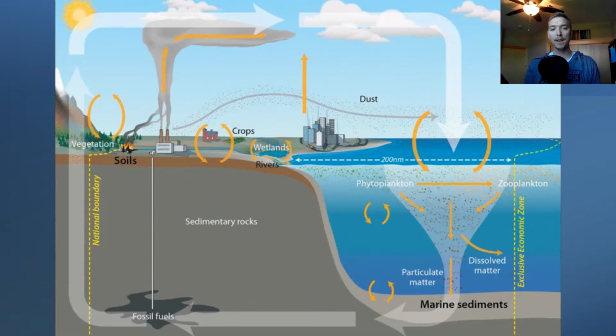So we can kind of see here that exchange between fossil fuels, vegetation, soils, wetlands, rivers, the ocean, and other organic material, humans. All of these things serve as kind of their own little piece in this global carbon cycle.